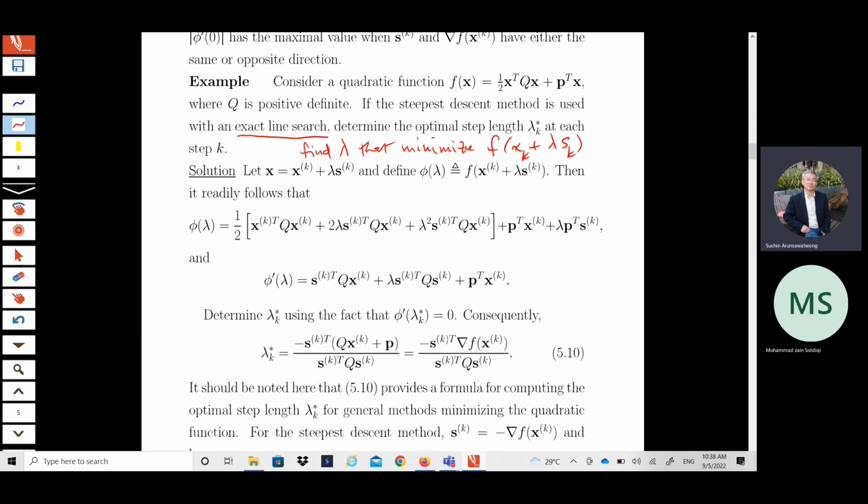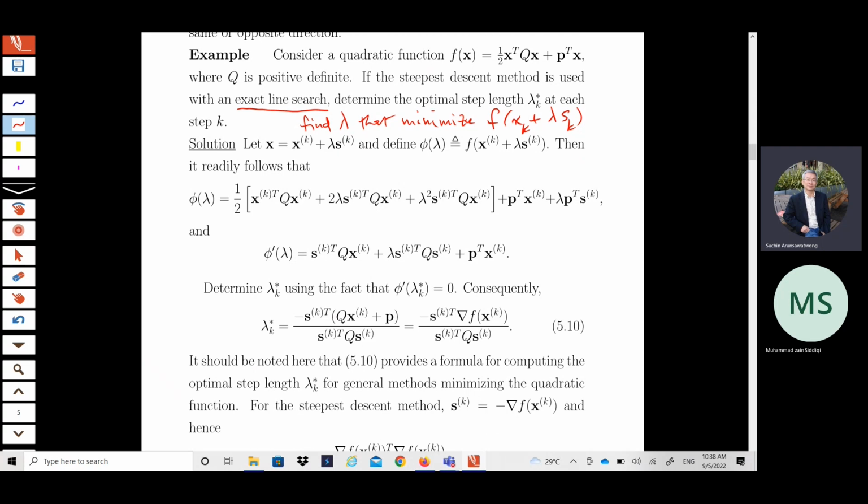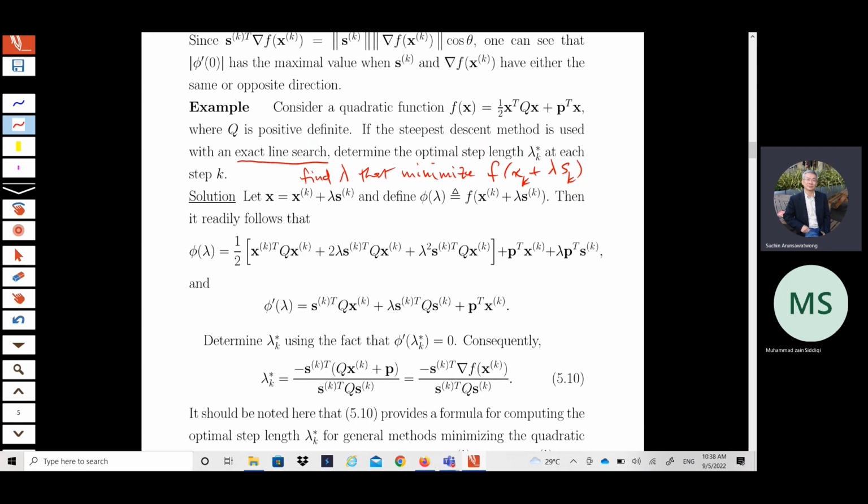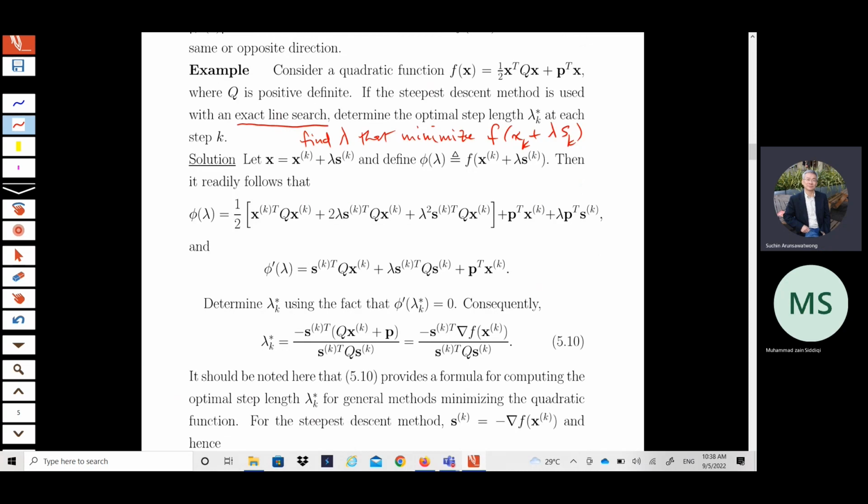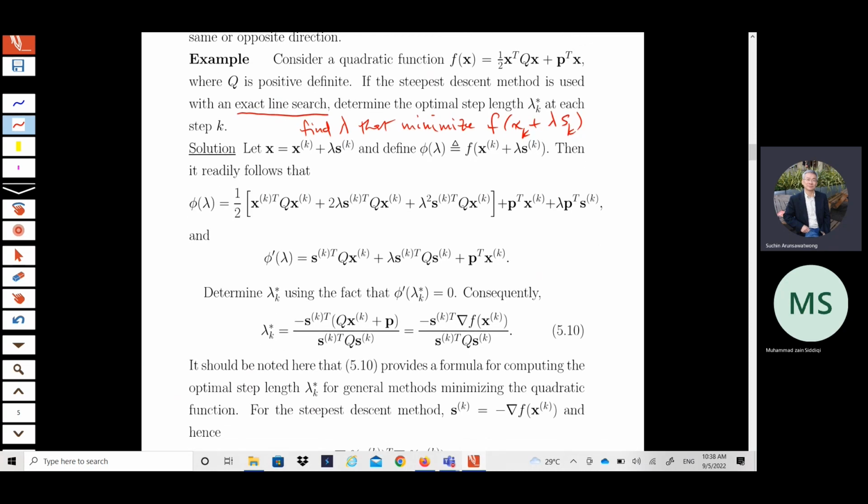You don't have to. So here we substitute x by x_k plus lambda sk. Then we define phi of lambda, just for convenience, as f of x_k plus lambda sk. Then phi of lambda is equal to this whole expression.